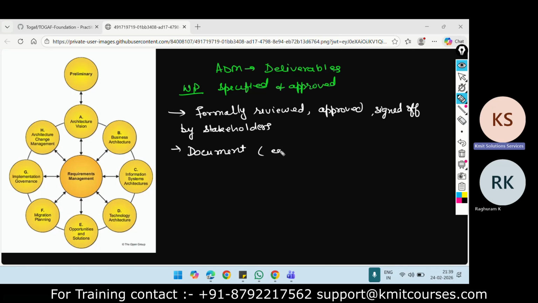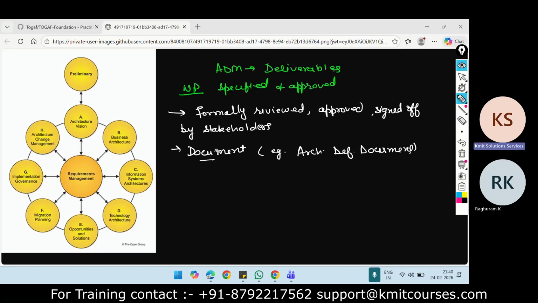For example, here you have all the terminologies, you have business architecture, technology, data, etc., everything in that document.